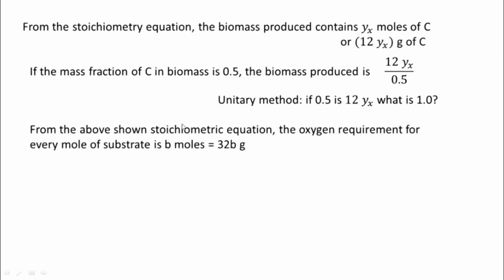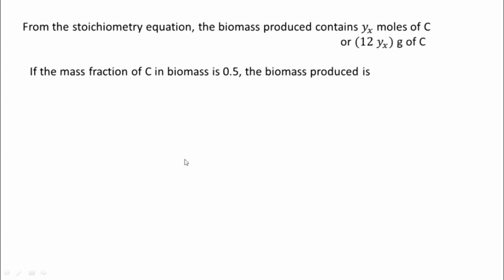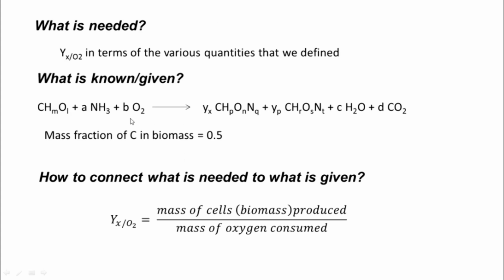From the stoichiometric equation that we saw earlier, the oxygen requirement for every mole of substrate is b moles. Okay. We saw that equation. Let's just see it again. You have b moles for every mole of the substrate here.